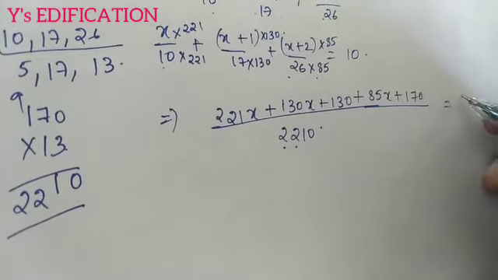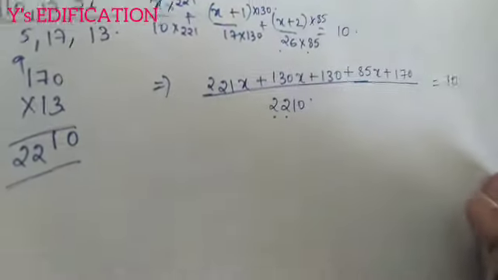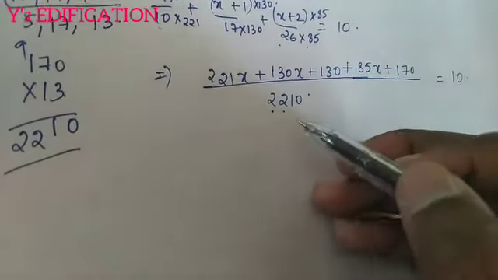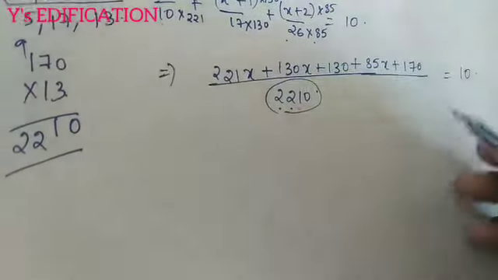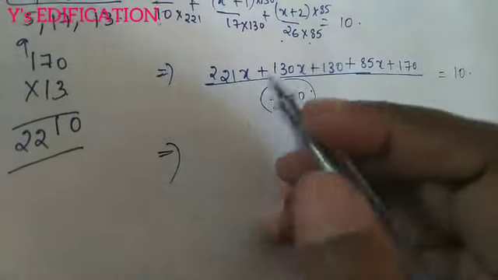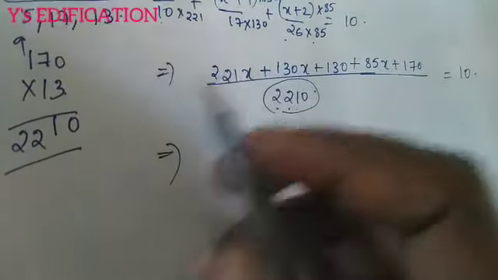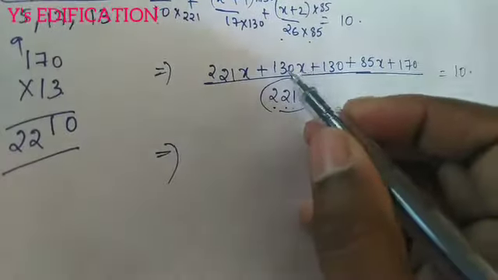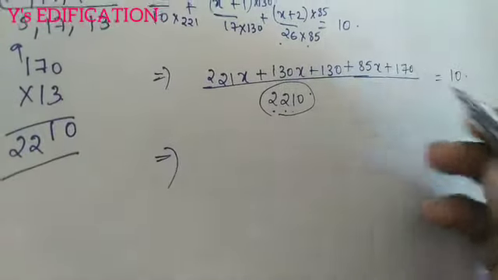So what is the answer? Coefficient is equal to 10. Okay. Now transpose this number to the RHS side. So what will it become? First we'll add these numbers. 221x plus 130x plus 85x.